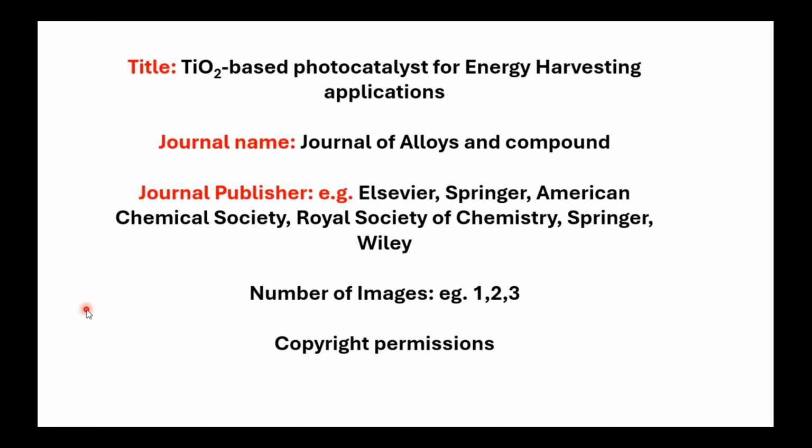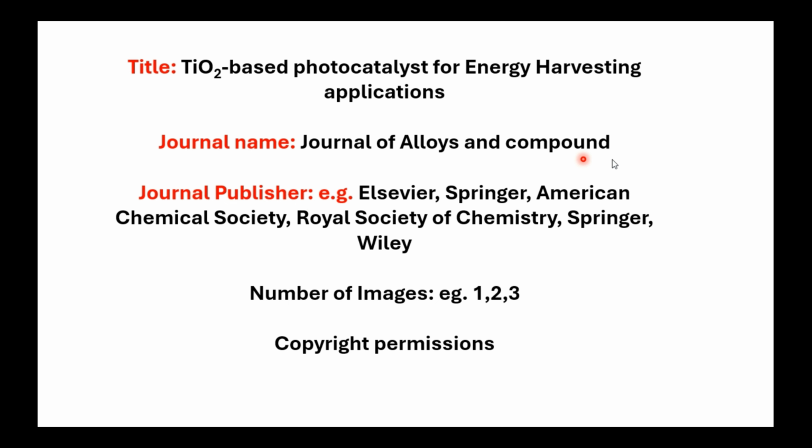So let's start today's video. First of all, I will tell you the key points a researcher should know to obtain copyright permission. First, the journal name in which you want to publish your article, and the journal publisher.